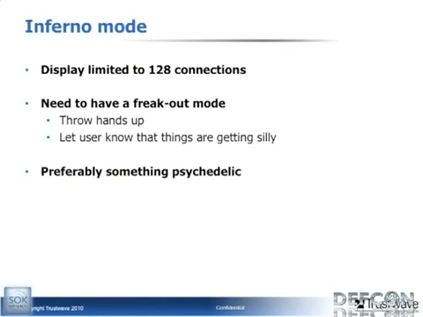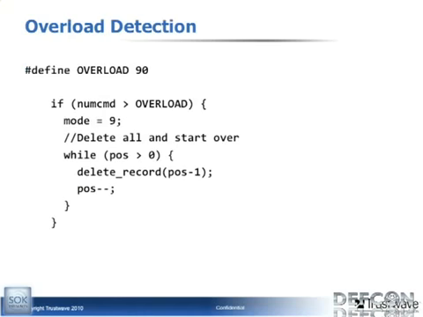So I made something called Inferno mode. Inferno mode is this meter that keeps track of how many connections are coming in, and I was thinking preferably something kind of psychedelic, so at least if you're getting totally owned, you could be like, whoa, cool, look, my blinky lights are messed up.